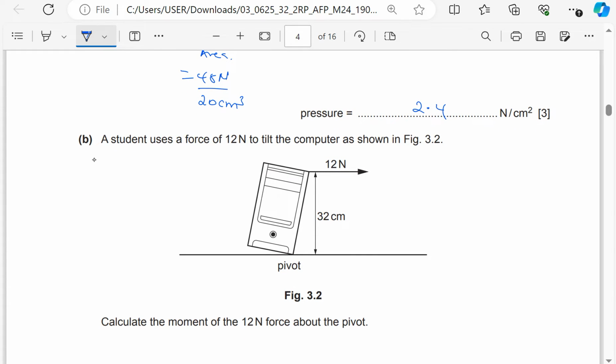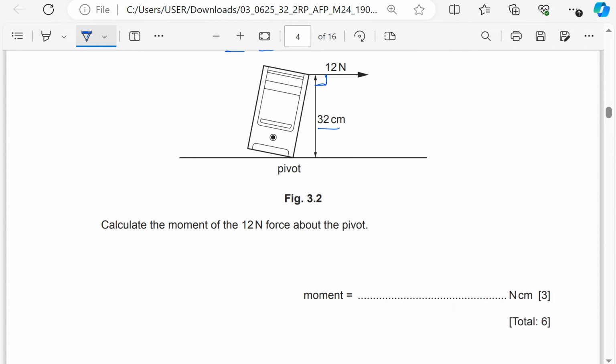A student uses a force of 12 newtons to tilt the computer as shown. The perpendicular distance from the pivot is 32. The horizontal force is acting at 90 degrees to 32. Calculate the moment of the 12 newton force about the pivot. By definition, moment is equal to the product of the force and perpendicular distance from the pivot.